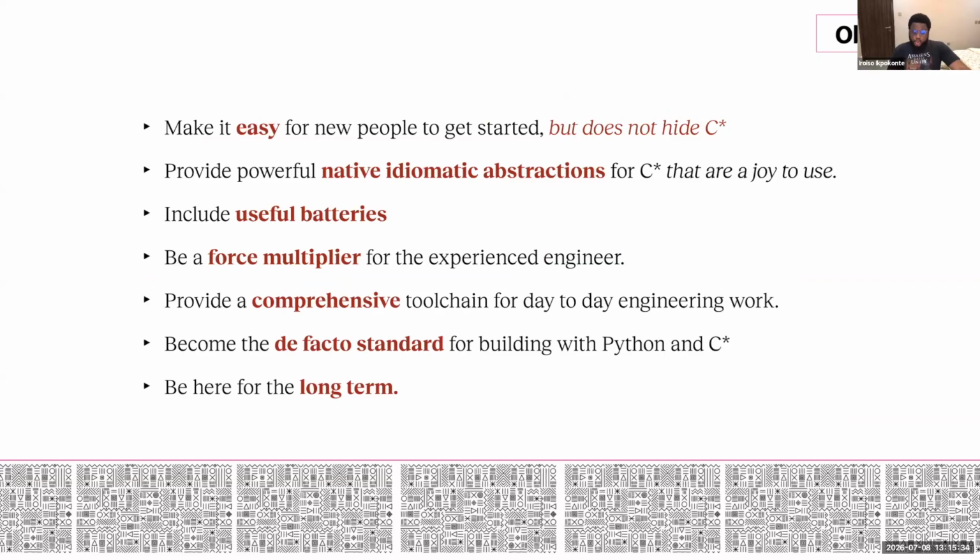You want to use as much Python as possible, so people don't have to switch context in their minds when they're building. You want a lot of powerful batteries out of the box, and you want people who are really experienced to be able to do a lot more with it. So you want it to be a force multiplier for experienced people.